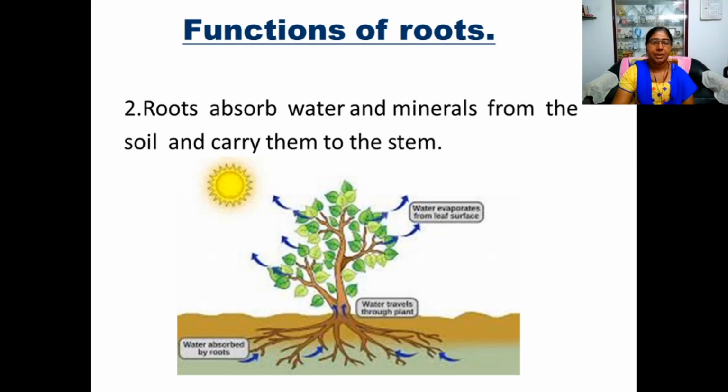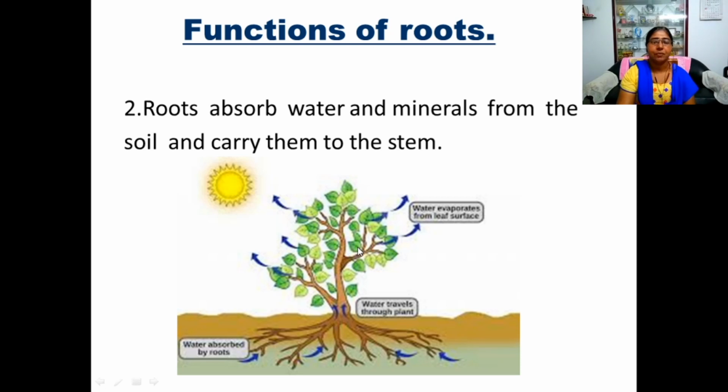Here you can see in this figure, roots are there. They absorb water and minerals from the soil and it reaches the plant body through the stem. Water and minerals reach the leaves.